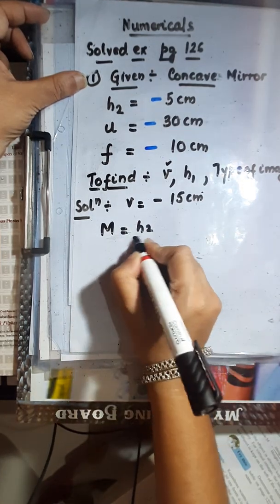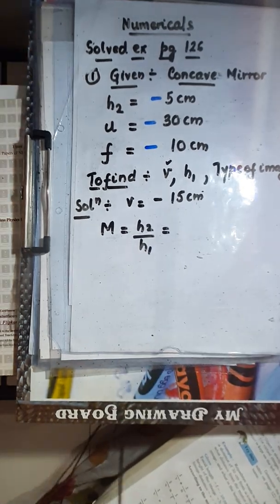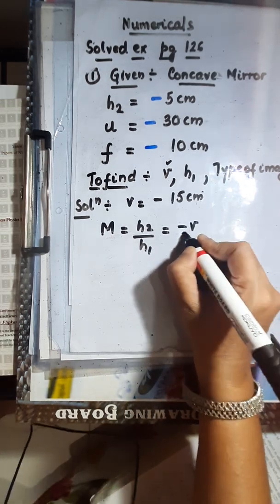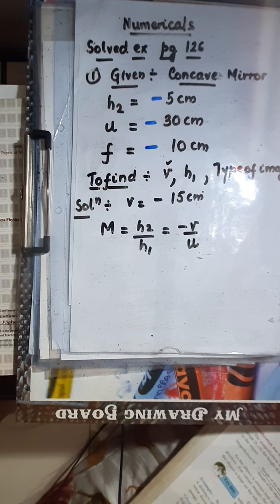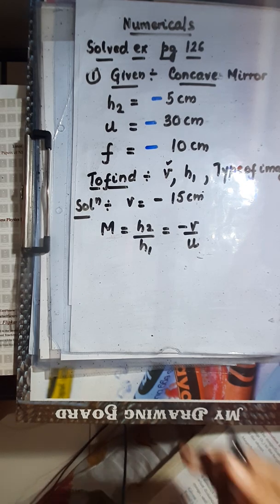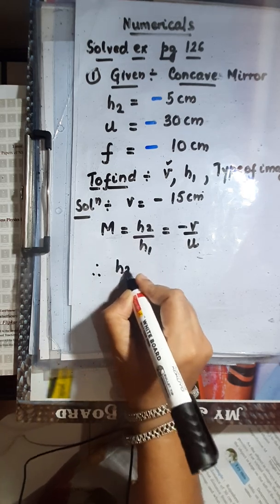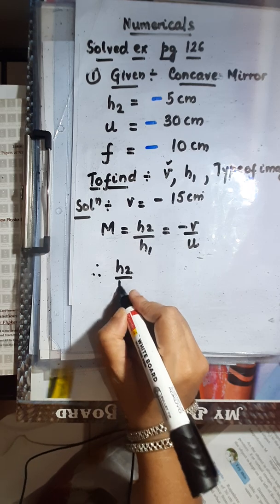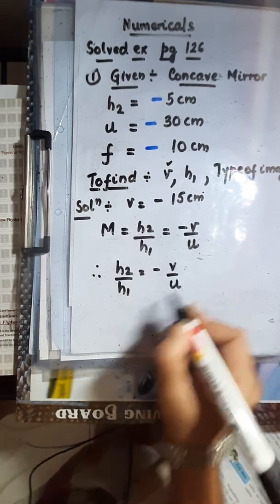H2 upon H1, which is equal to minus V upon U. Now we don't want the magnification, so we'll write therefore H2 upon H1 is equal to minus V upon U. Let's choose this.